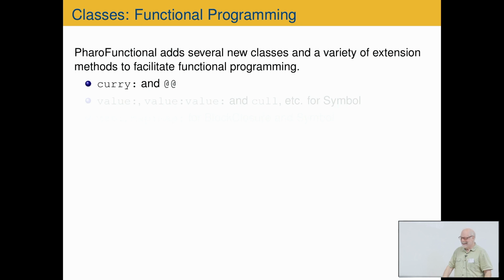Sure. Okay. So then I added some new classes and a variety of extension methods to facilitate functional programming. Curry basically takes a block or a symbol and a value and concatenates them together. These are just methods, not syntax. It returns a block that fills in that value in the appropriate place.